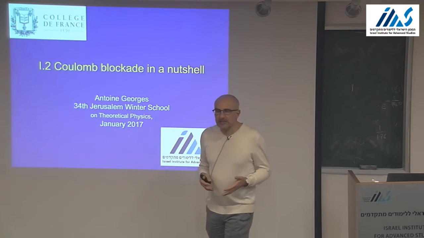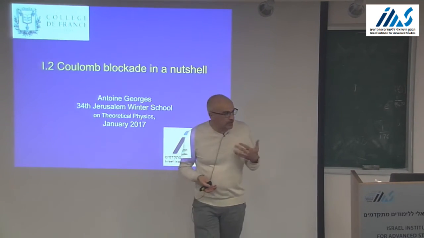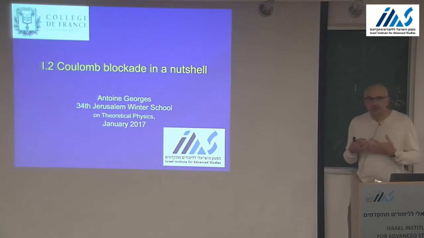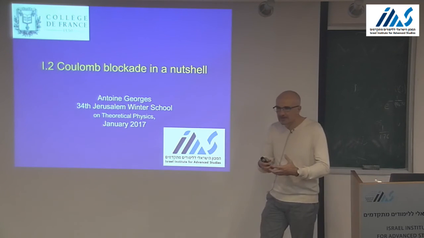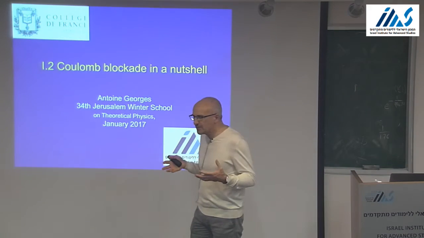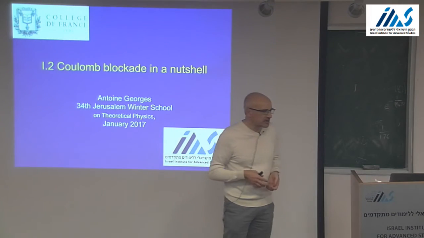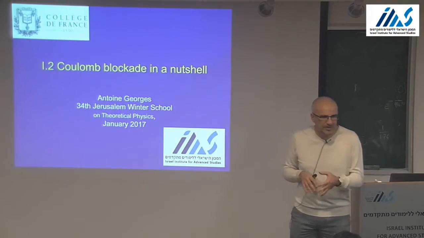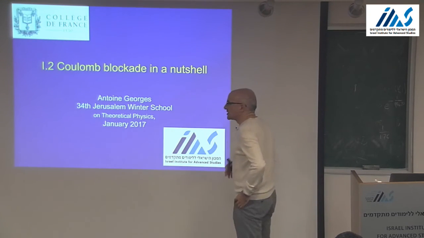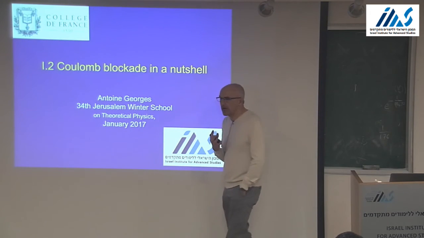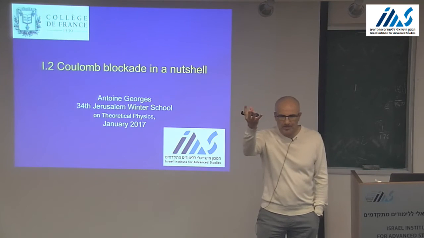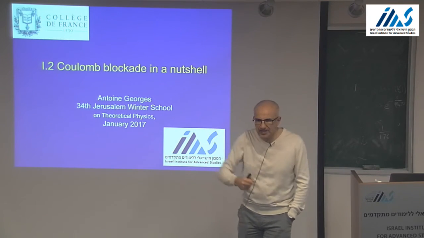So I asked myself, what is the simplest model in which we can illustrate in a concrete manner this competition between Coulomb blockade, the blockade of charge motion by U, and the possibility of forming quasi-particles or having electrons moving around effectively at low energy due to hopping. And the simplest context in which you can describe that is by studying a little zero-dimensional system in which there is a big U acting on it.